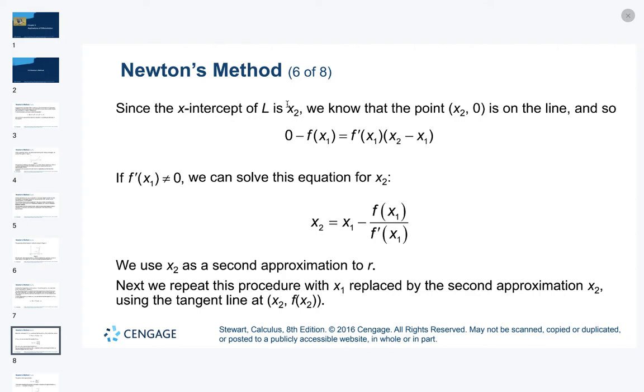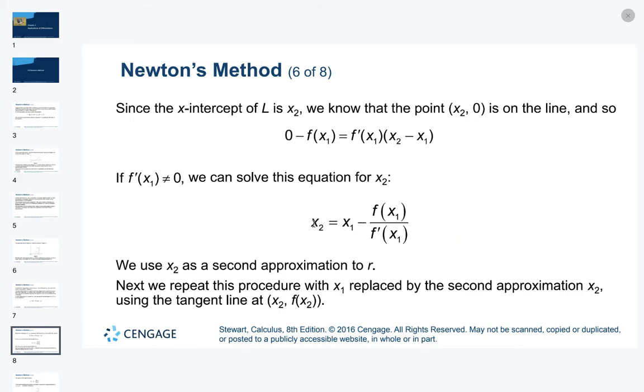The x-intercept is x2, so I'm plugging in x2 for x. Solve for x2. If you want, write this on paper and solve for x2. Divide both sides by f prime of x1, which gets rid of this. You have f of x1 over f prime of x1, add x1 and whatever is left is x2.